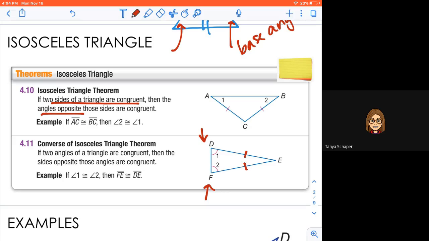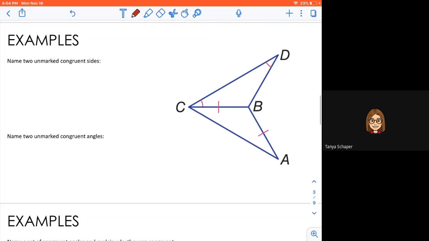Okay, so understanding the difference between those, I would put those on two separate note cards, one for the theorem and one for the converse of the theorem. So taking a look at some examples, name two unmarked congruent sides. Okay, so when I look at this, I'm going to use the converse.